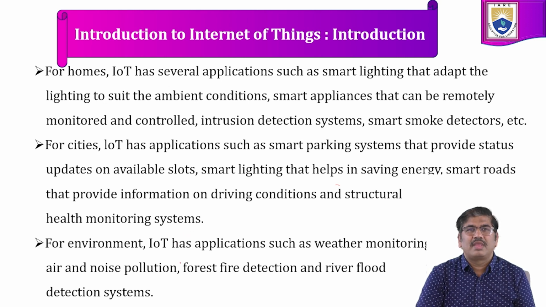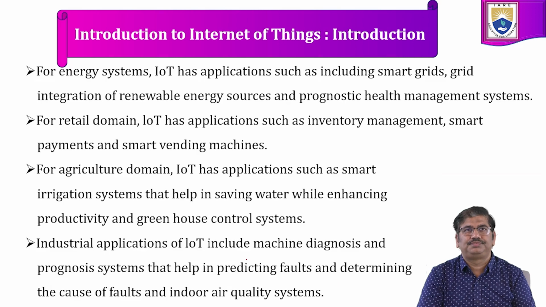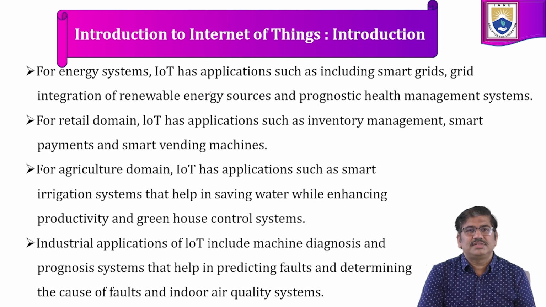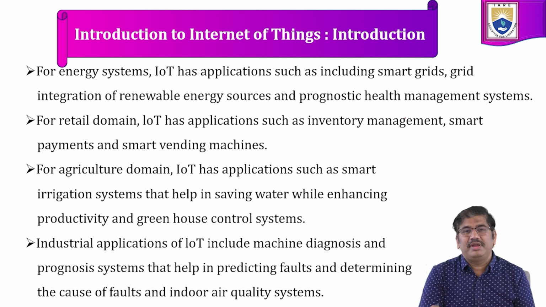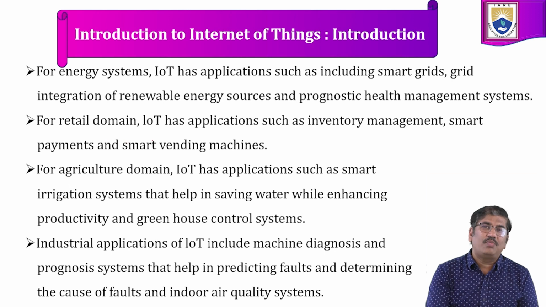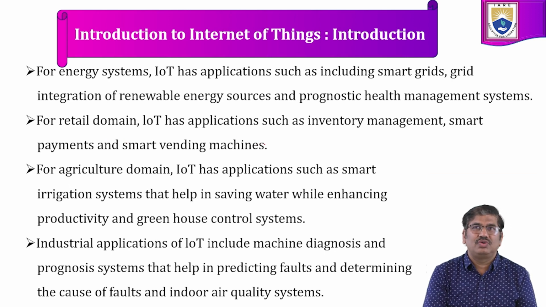For environment, IoT has applications such as weather monitoring, air and noise pollution monitoring, forest fire detection, and river flood detection systems. For energy systems, IoT applications include smart grids, grid integration of renewable energy sources, and prognostic health management systems. For the retail domain, IoT applications include inventory management, smart payments, and smart vending machines.